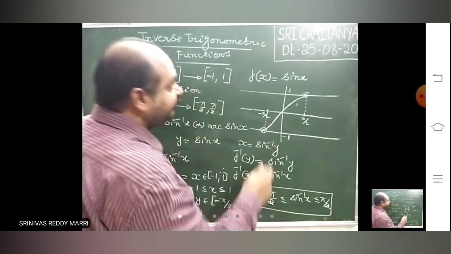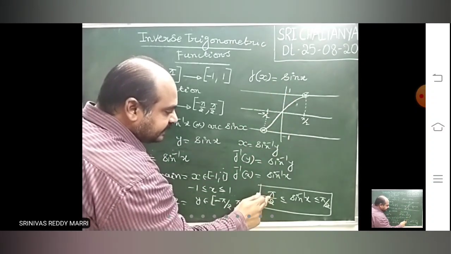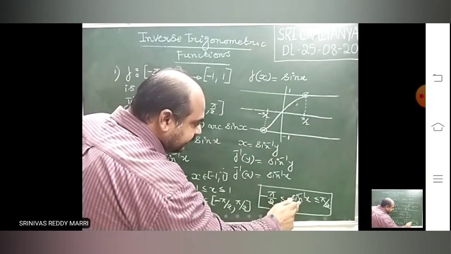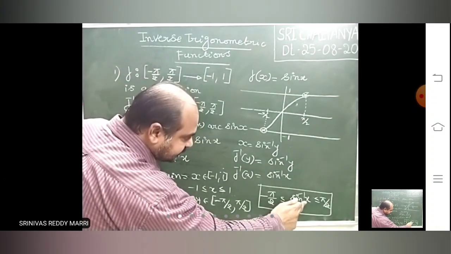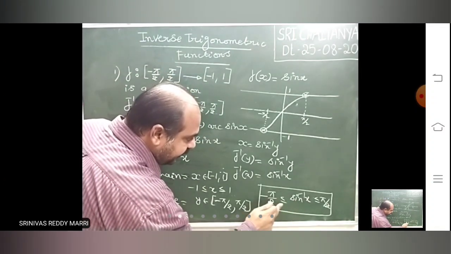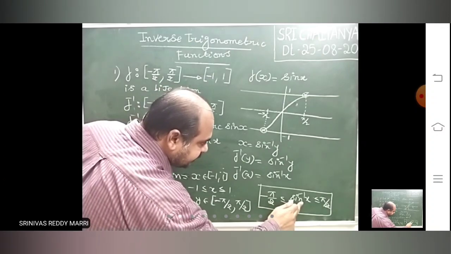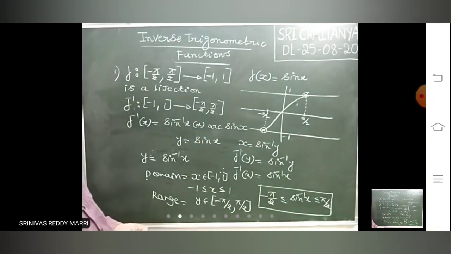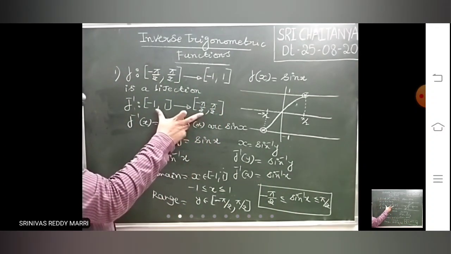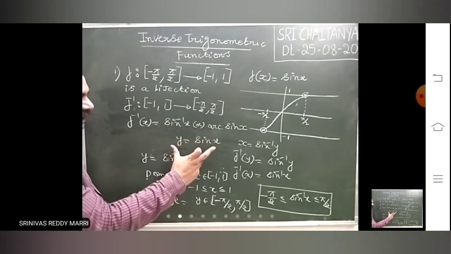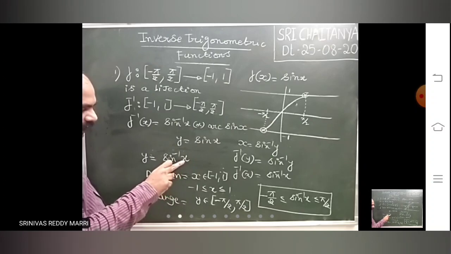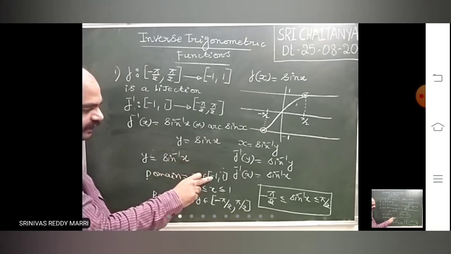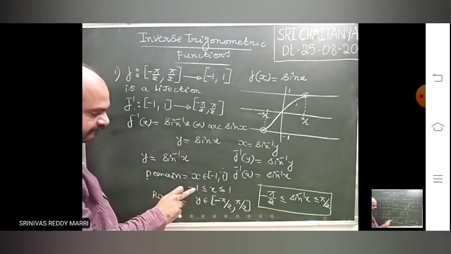For sin x, minus 1 is less than or equal to sin x, less than or equal to 1. Similarly, minus pi by 2 is less than or equal to sin inverse x, less than or equal to pi by 2. That is the definition of the sin inverse x function. Whenever a sin inverse function comes, the domain rule is that whatever is inside, you write between minus 1 and 1.